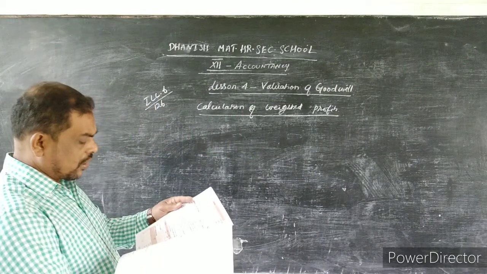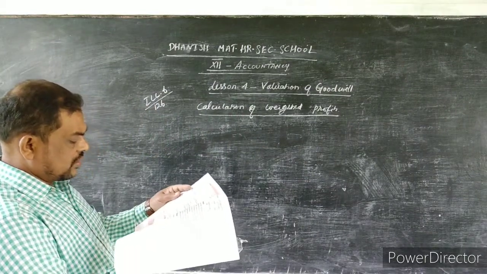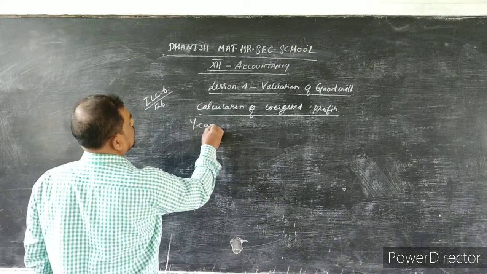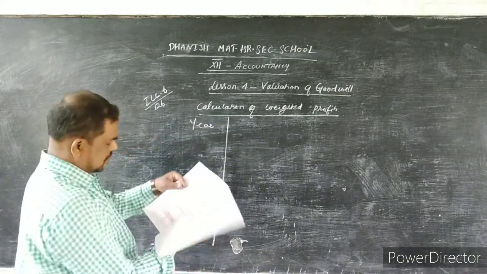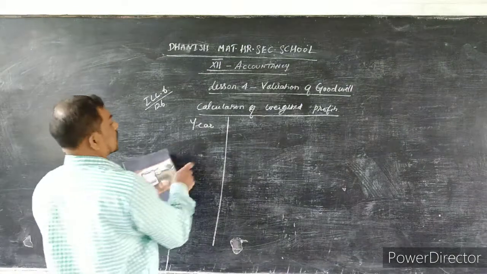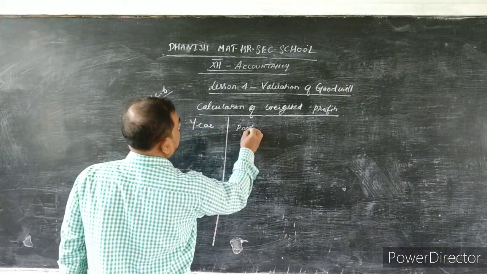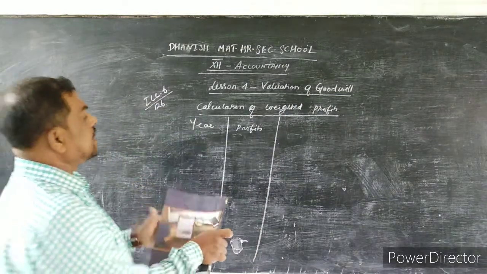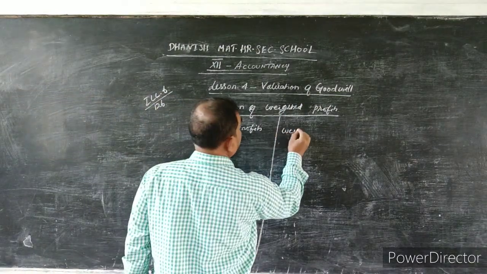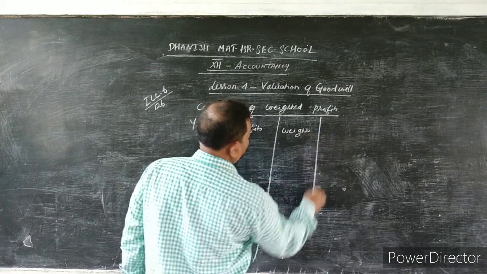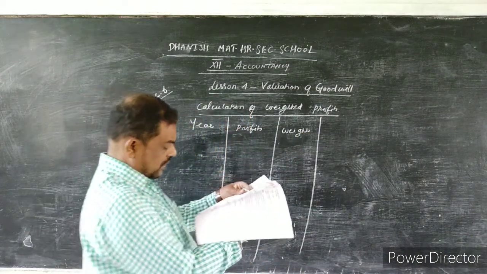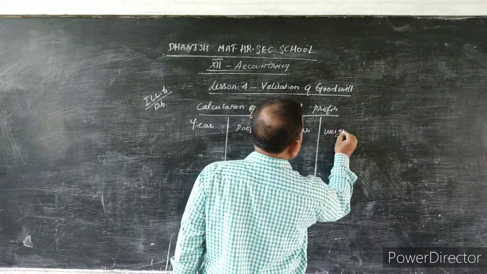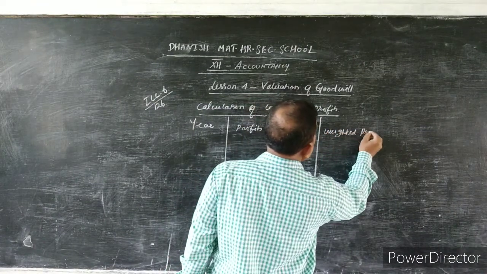We have to put the columns. I think there are 4 columns. First is year. Second one is profits. Third one is weight. Fourth one is product, that is weighted profits.